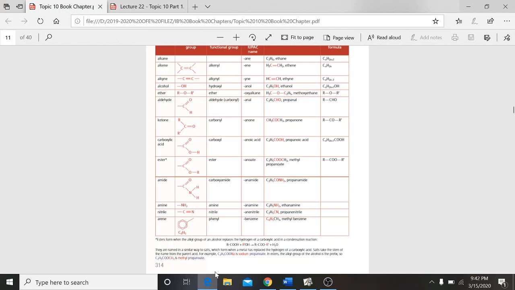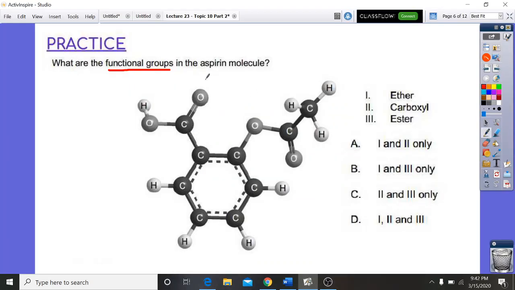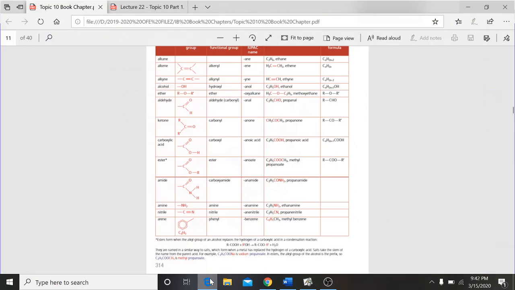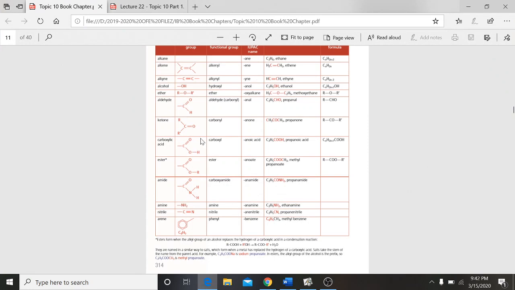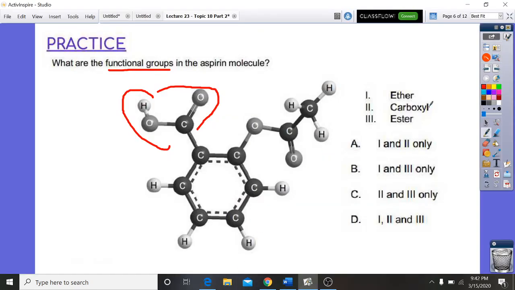So let's go back and check out what's going on. We do have a C double bonded to an O, single bonded to an O that is bonded to an H. Oh my God, this here looks just like this one. So we must have a carboxyl present. Now let's consider if it's ether or ester that is left.